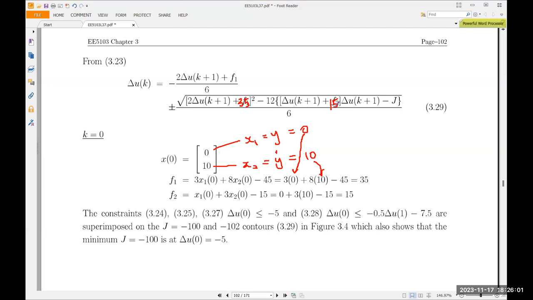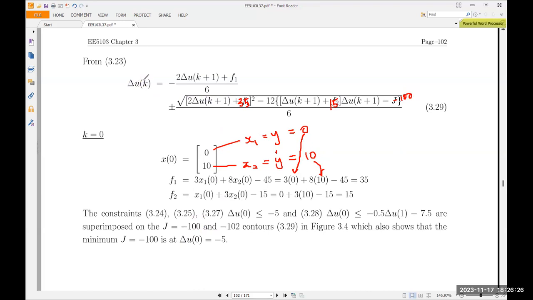Okay. Then I put J equals to minus 100. So I put J equals to minus 100 here. So now I can plot x-axis is this, y-axis is this.